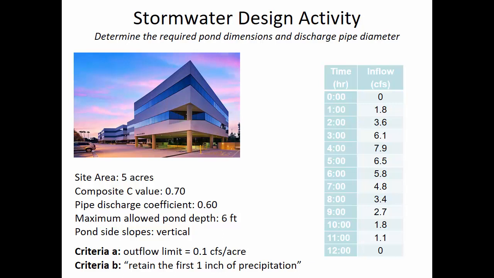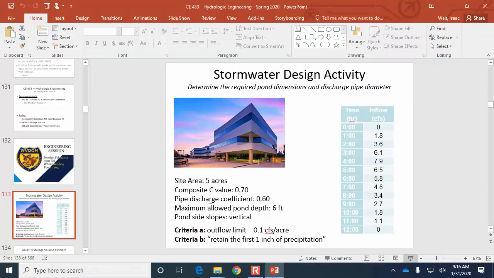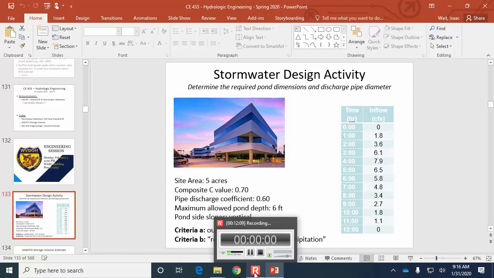We're also including the coefficient of discharge for the pipe, not the runoff coefficient, but the C sub D of 0.60. All right, so I'm going to pause the recording and give you some time to set that up. I think that this will probably be pretty good practice for not only the homework, but also upcoming quiz opportunities.